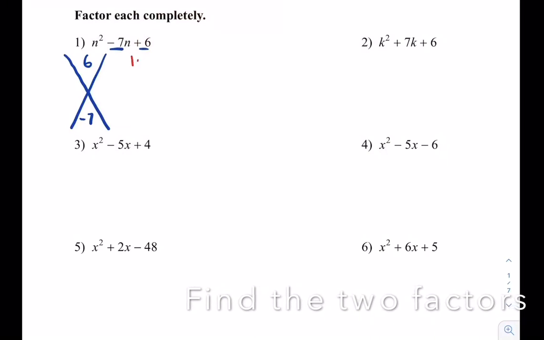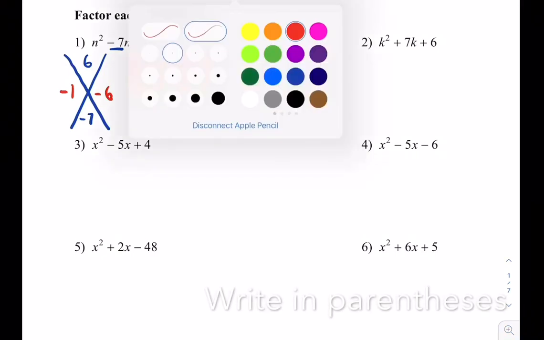So we can do 1 times 6, but that doesn't add to negative 7. 2 times 3 does not add to negative 7. So we need to make it negatives, right? So we can have negative 1 times negative 6, that adds to negative 7, that works. If we did negative 2 times negative 3, that would be negative 5, so that wouldn't work. So it has to be negative 1, negative 6.